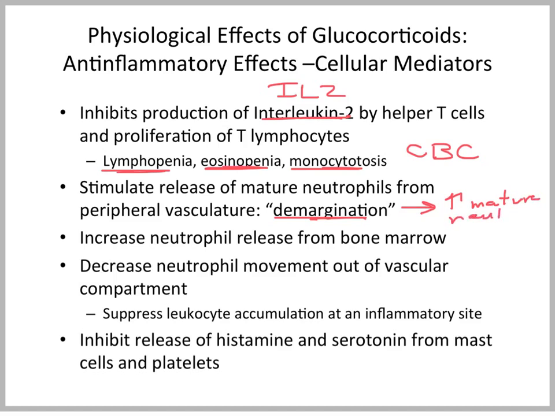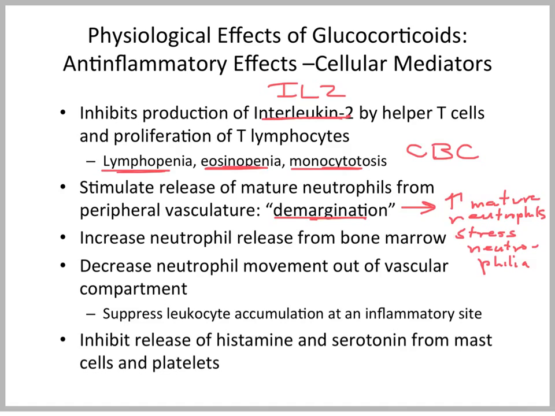And we call that basically a stress neutrophilia. And that stress neutrophilia is pretty typical of many of the species and are characteristic of animals that have been under acute stress, and something to look for in the complete blood count.